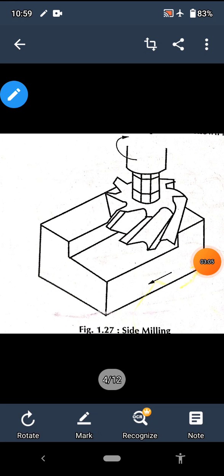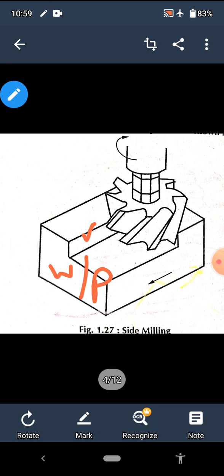Next we will take the other type of milling, side milling. This milling operation is used for producing a flat vertical surface on the side of the workpiece. This is your workpiece.